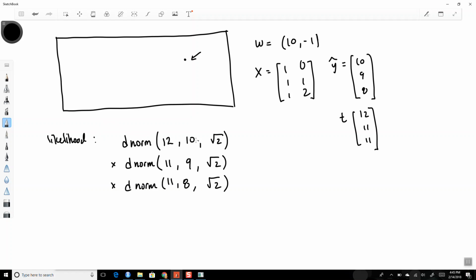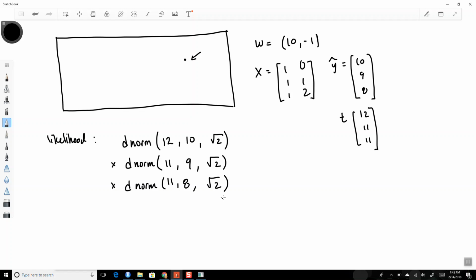You basically plug each data point into the normal, because it's the likelihood of your data given the current value of w. So with w, we get a vector of y-hats: 10 minus 0 is 10, 10 minus 1 is 9, 10 minus 2 is 8. These are going to form my means. And I ask, what's the probability of these 3 data points?